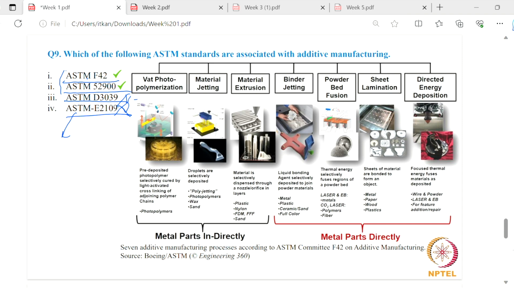Now, I have put here the different additive manufacturing processes: vat photopolymerization, material jetting, material extrusion, binder jetting, powder bed fusion, sheet lamination, directed energy deposition.